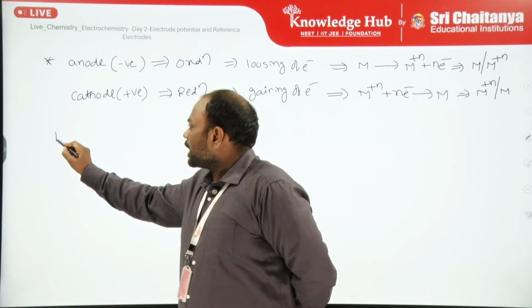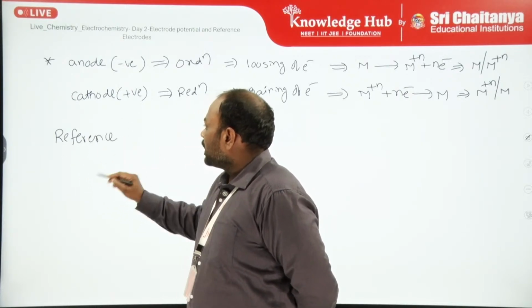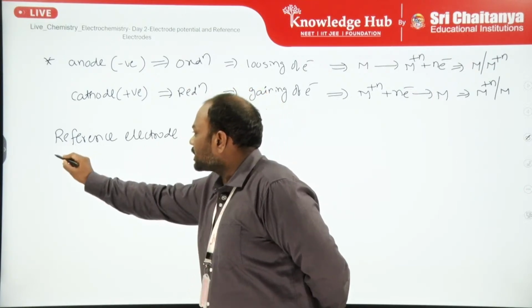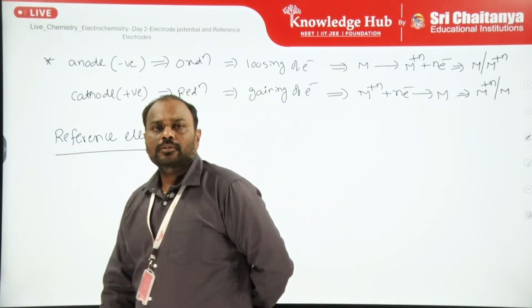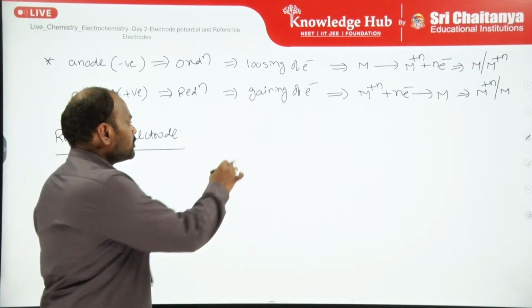So, what is the statement for this reference electrode? Reference electrode is used to measure the single electrode potential. If a single electrode is given, we cannot measure the potential of the cell.